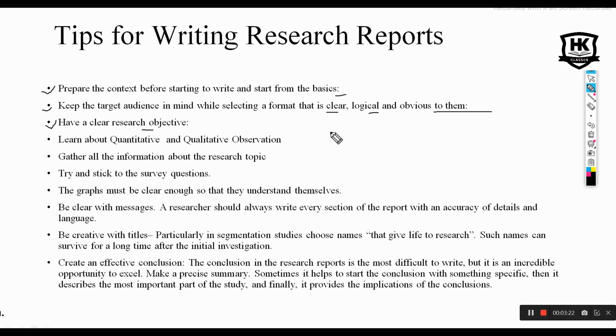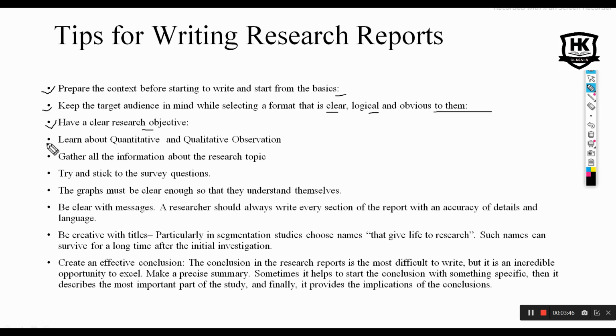What will be the research objective? To study the different phenomena of store retailing, to study the different strategies applied by the marketer in store retailing. That will be your research objective. In this way you have to develop objectives.